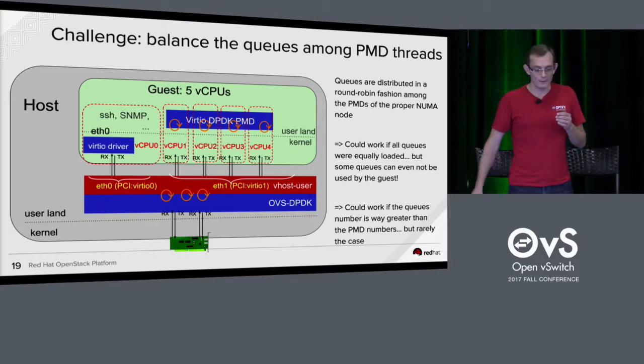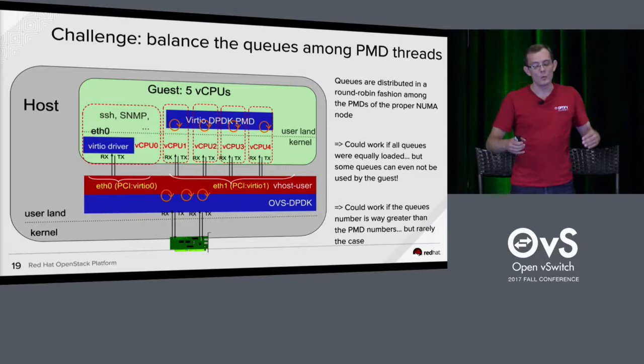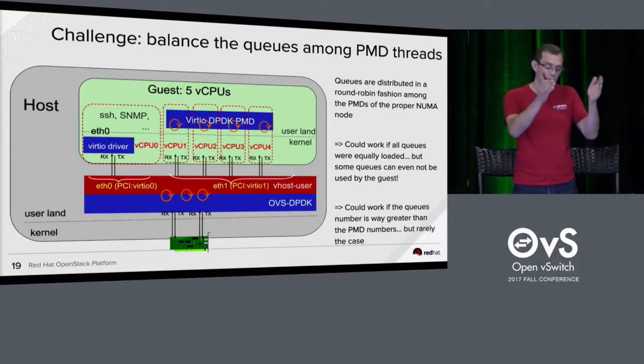Now, talking about the challenge on the deployment today. When you boot a VM, the queues come up in OVS-DPDK with the new VM, and they are distributed in a round-robin fashion among the PMDs of the proper NUMA node. If you're on NUMA 0, that would be the PMDs of NUMA 0.